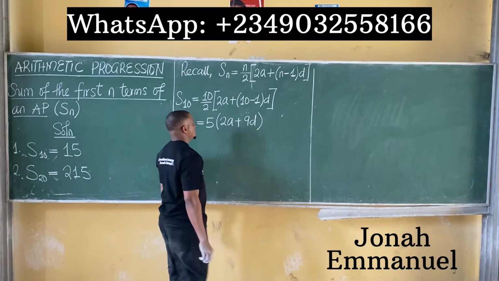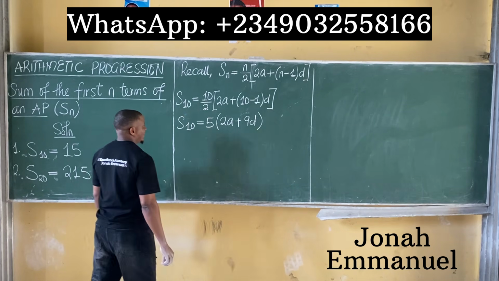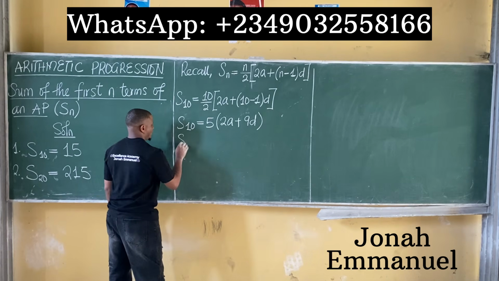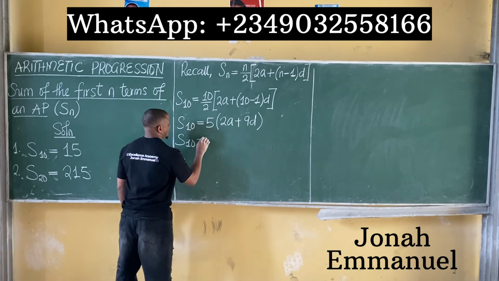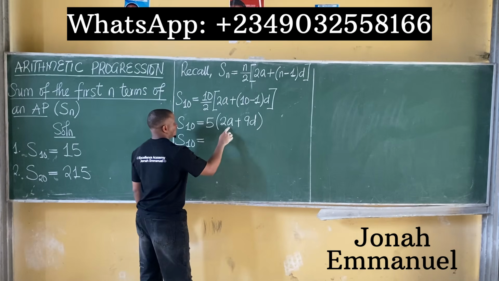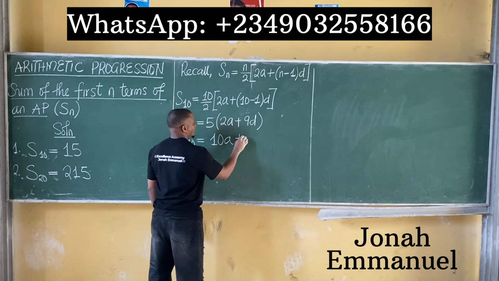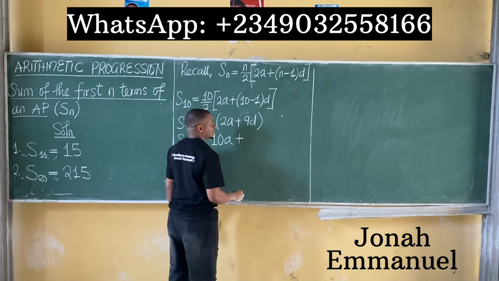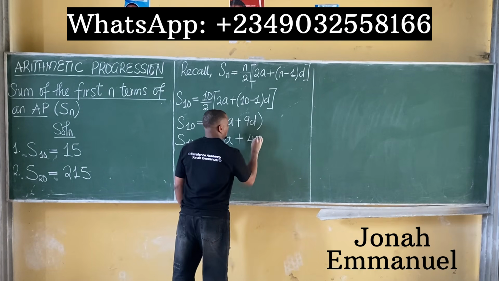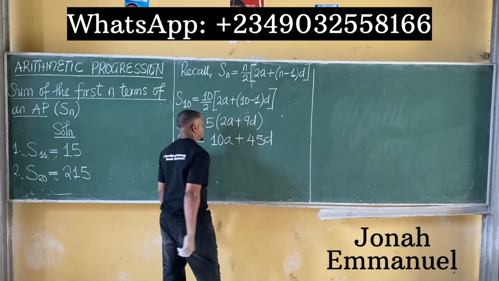So this is S10. Expanding this, S10 is equal to 5 times 2a gives you 10a plus 5 times 9 is 45, so 45d.